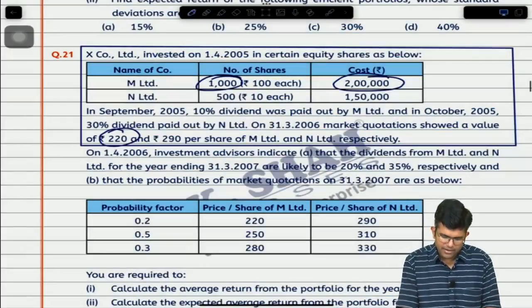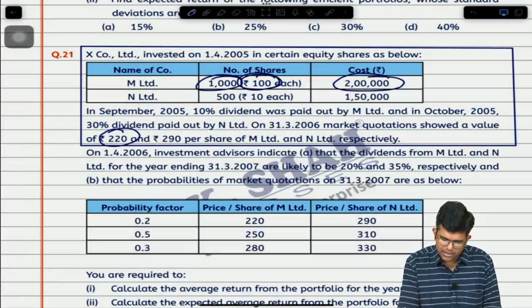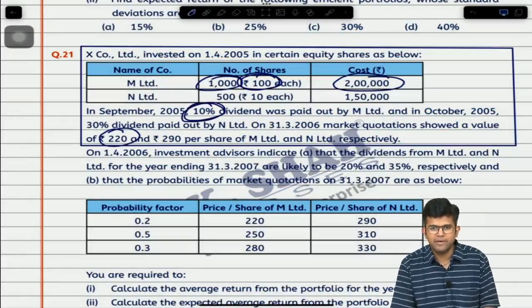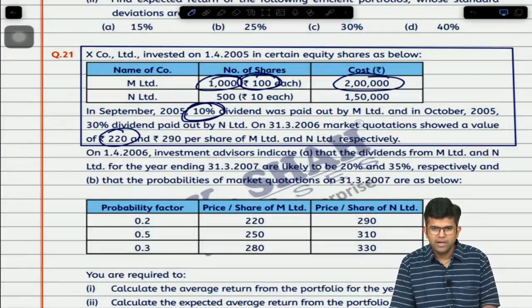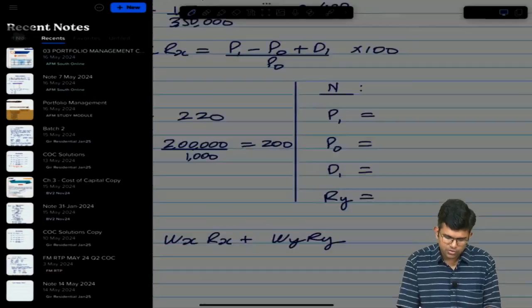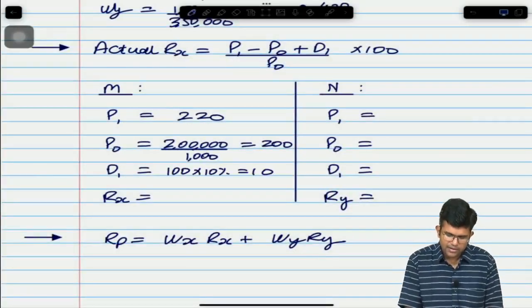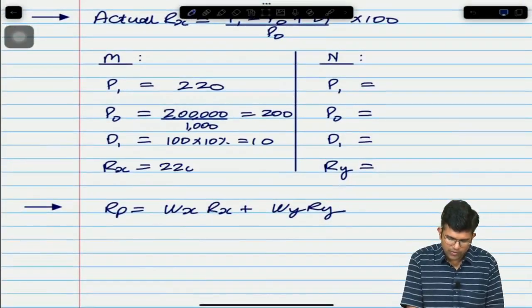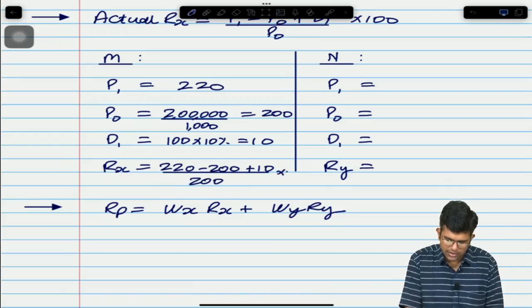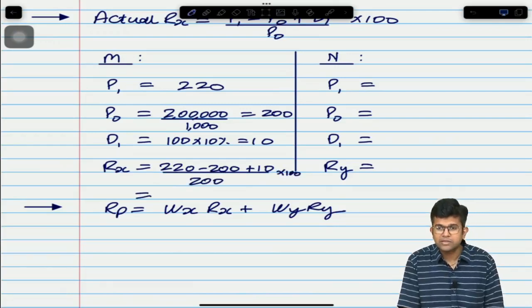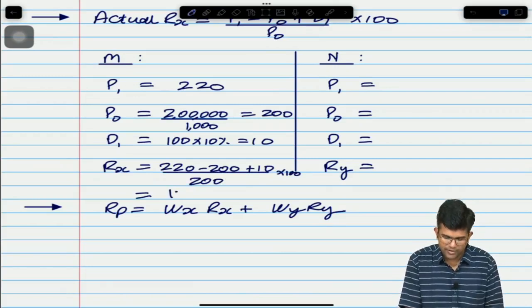D1 will be 100 multiplied by 10%. Everybody following? 100 multiplied by 10%. So this will be 100 into 10%, that is 10, and Rx will be 220 minus 200 plus 10, the whole upon 200 into 100, and Rx will come to 15%.